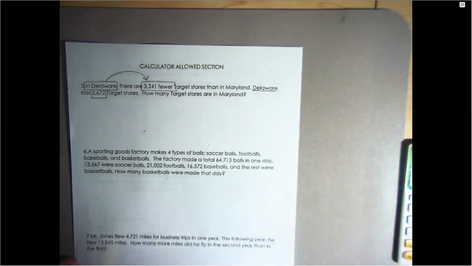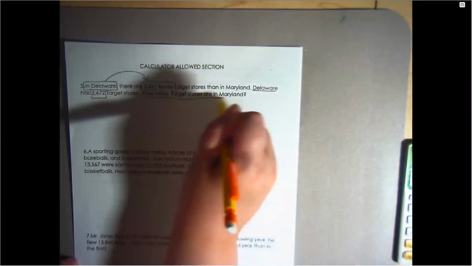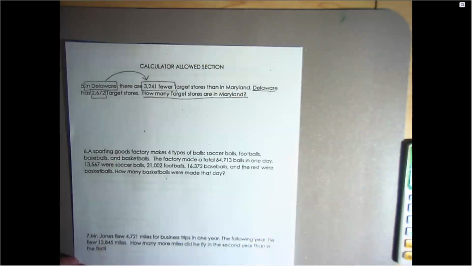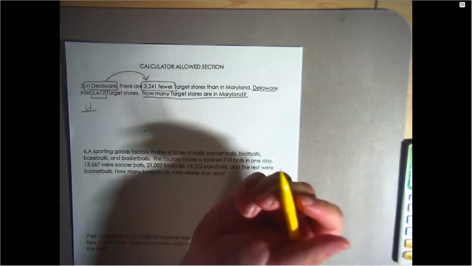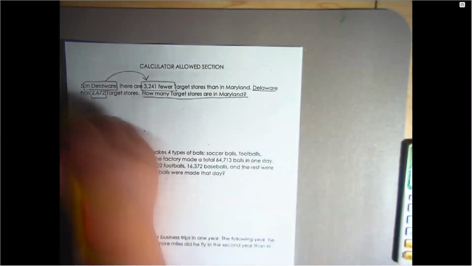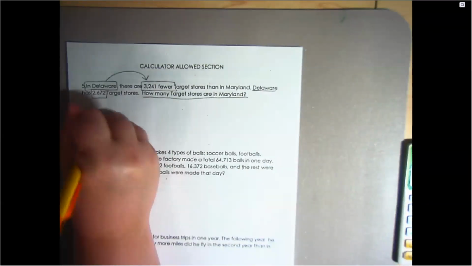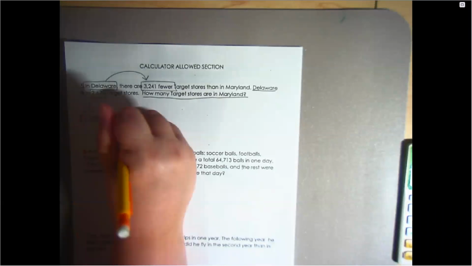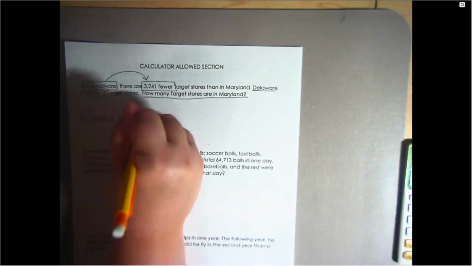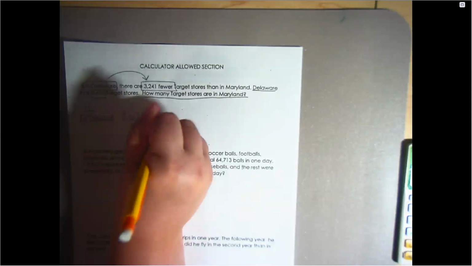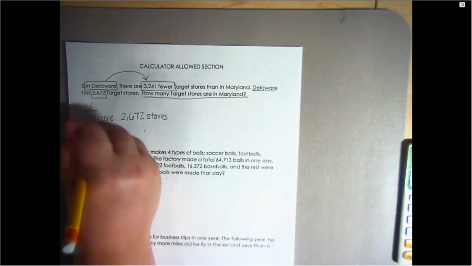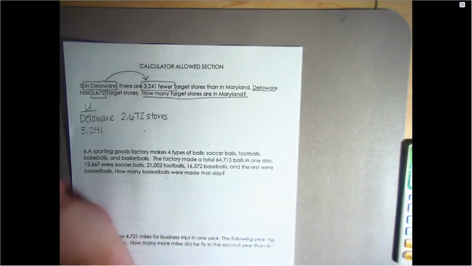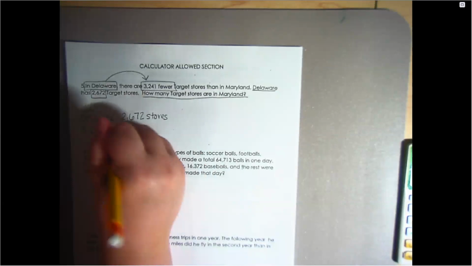It says how many Target stores are in Maryland? Okay, so here's what I know. Here's what I understand. That Delaware has 2,672 stores. And that is 3,241 fewer than Maryland.